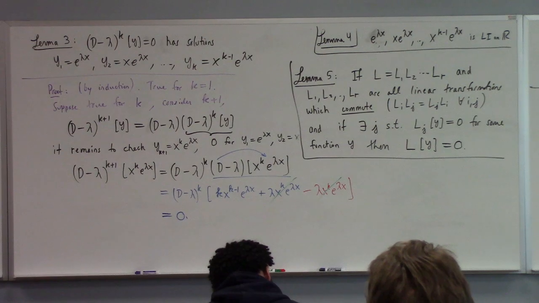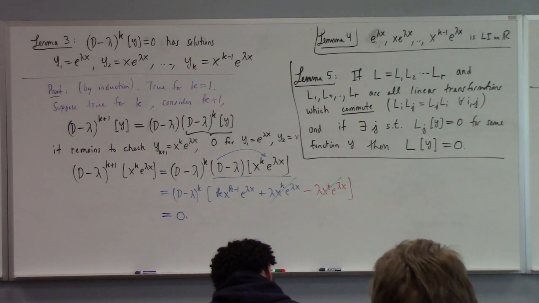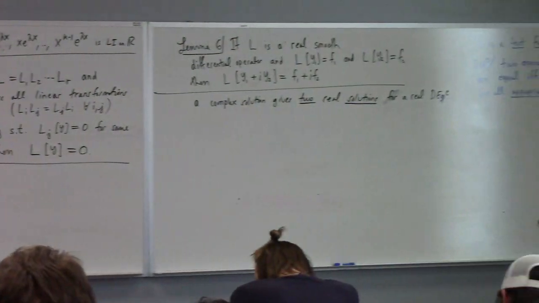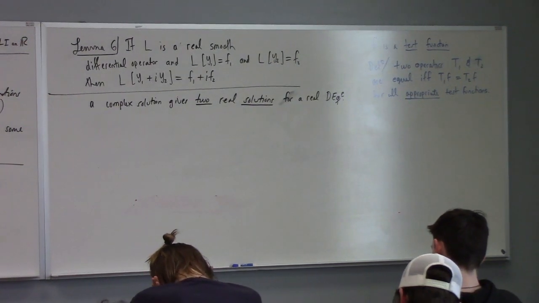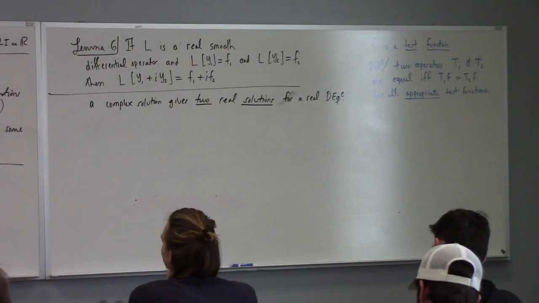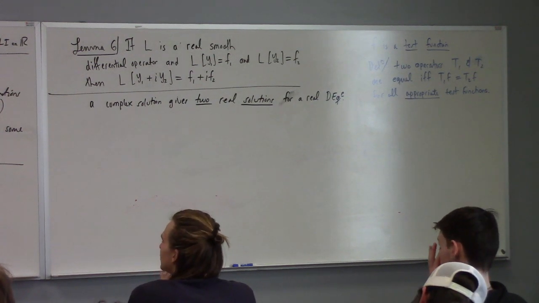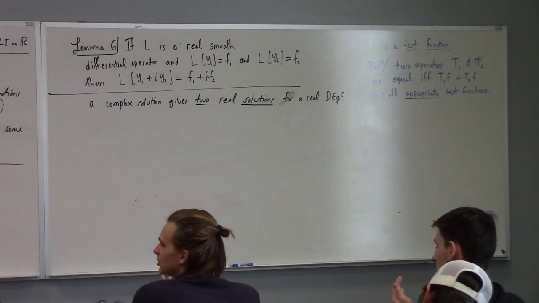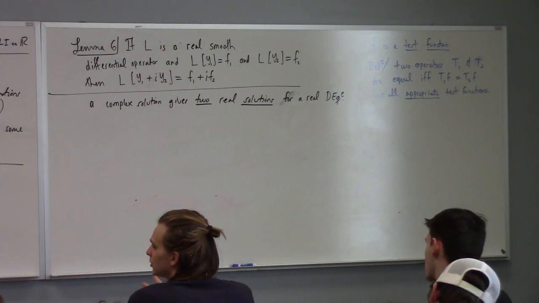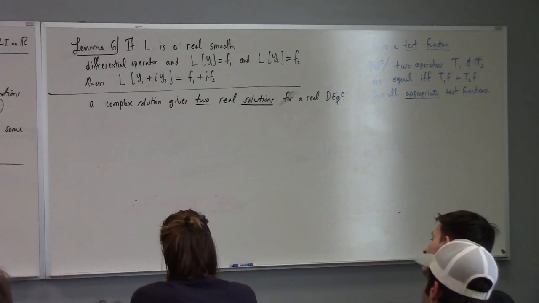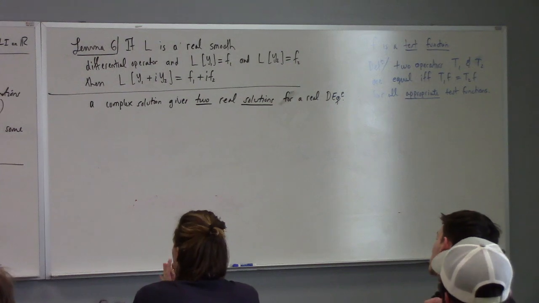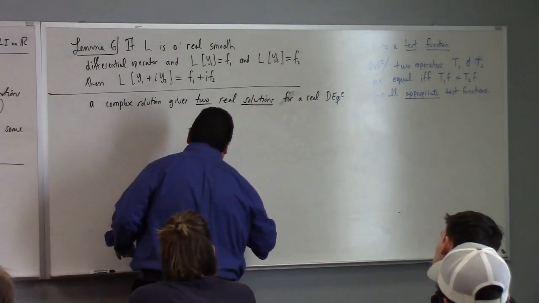Find that I was silent on this point. I just started saying lambda. I never told you where it was. The answer is, it's a complex number. It just so happens that the derivative of e to the complex lambda times x is still equal to lambda e to the lambda x. So I probably owe you a little discussion of that, right?